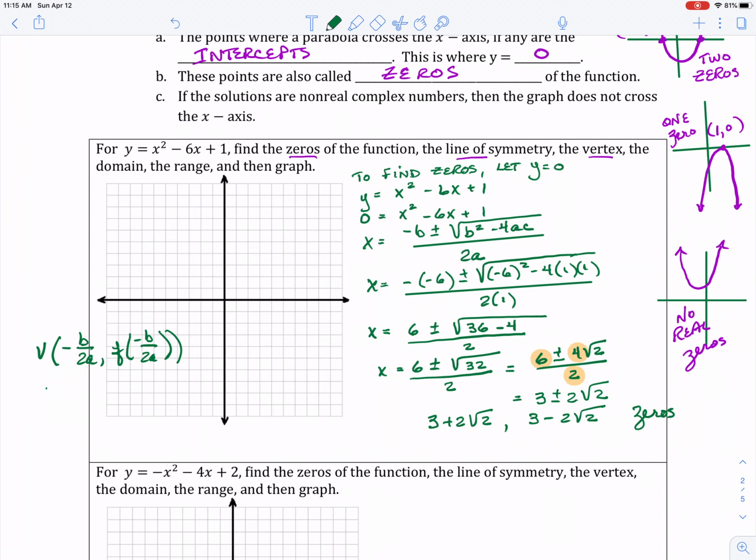So there's my formula. B is -6, and A is 1. So it looks like the x-coordinate of the vertex is 3.